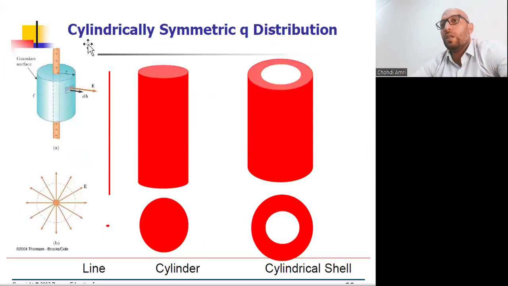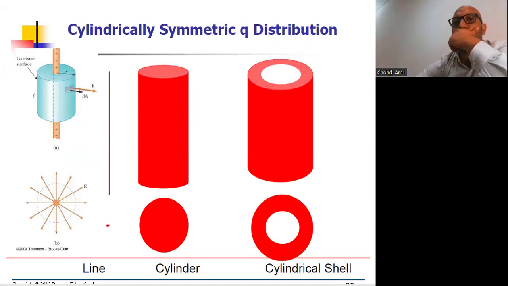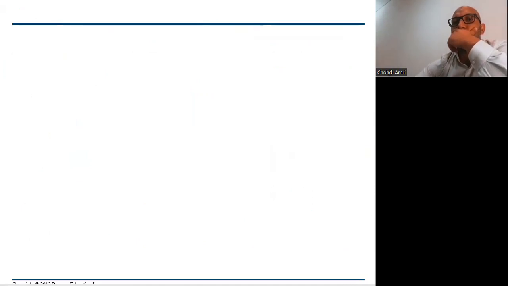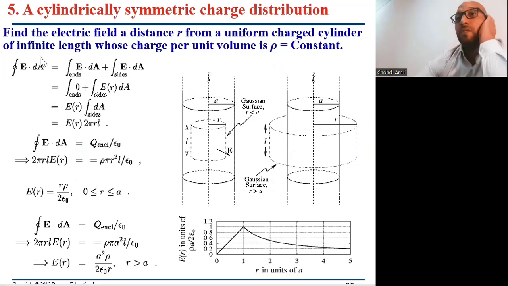Now we will talk about cylindrical symmetric charge distribution. In this example, he said, find the electric field a distance r from a uniformly charged cylinder of infinite length whose charge per unit volume is rho, and this charge density is constant.